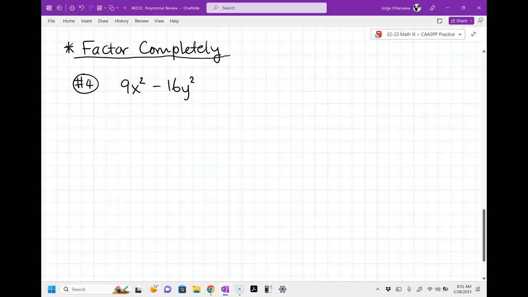Here we go. Factor completely. Now for something like this, you got to remember how to factor a difference of 2 squares. Okay? Just to remind you.